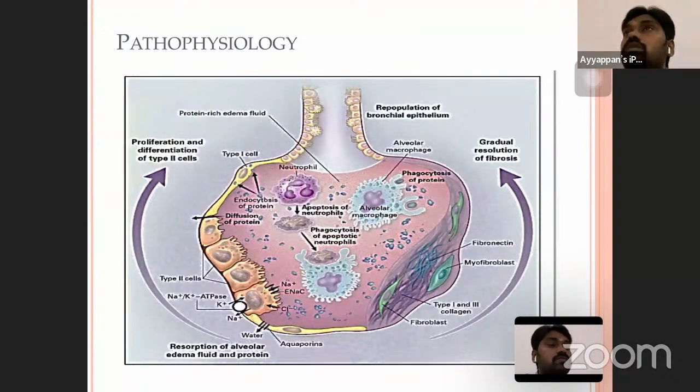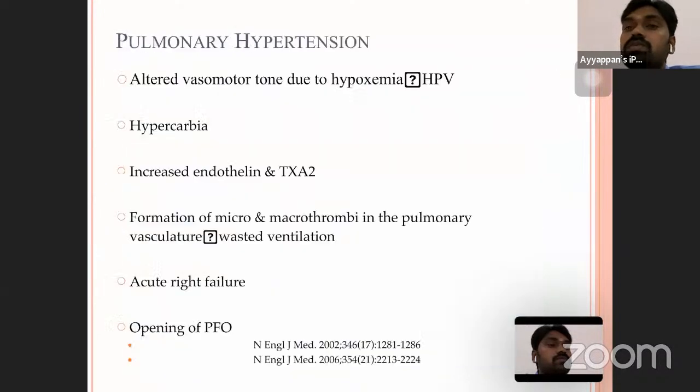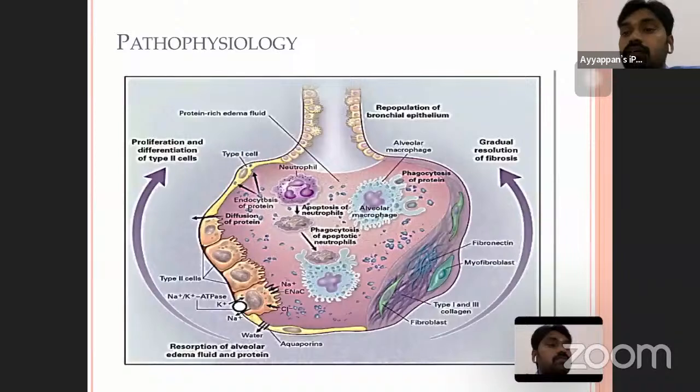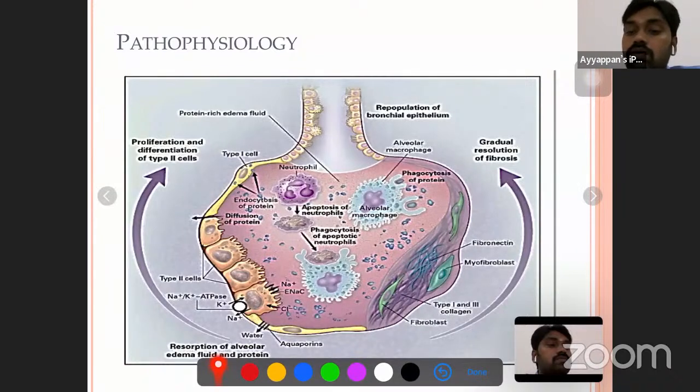So the alveoli, which was normally functioning, after the injury ends up like this. So this is during the proliferative phase, where you have the type 2 pneumocytes, or the type 2 cells, which have proliferated to cover up for the type 1 cells which are injured.